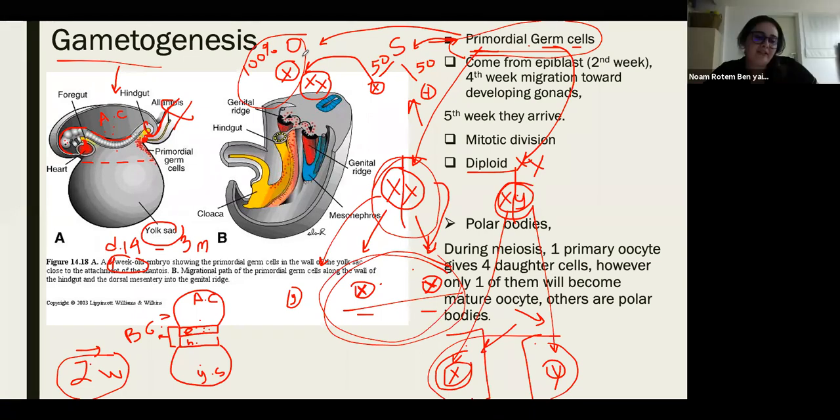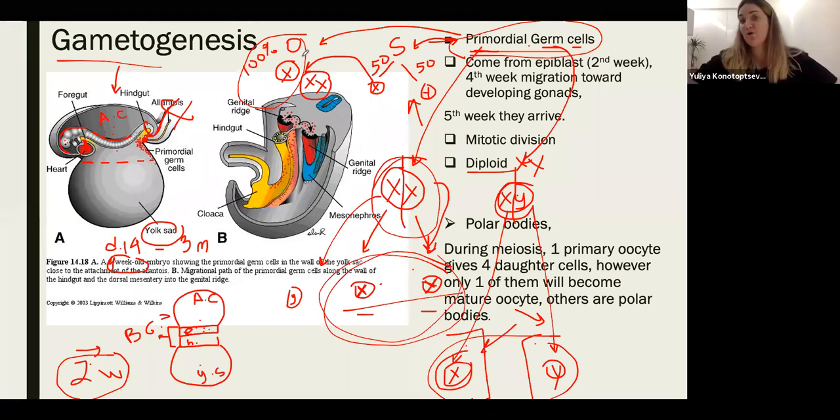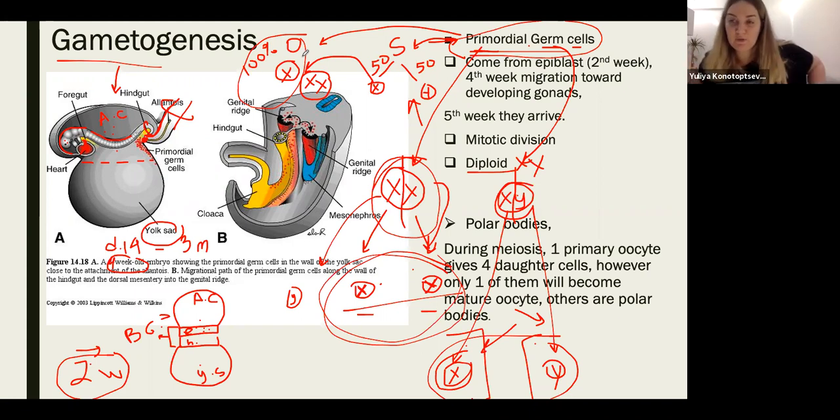About 50. How many will have the Y chromosome? About 50. Do you get it? So in spermatozoa, we don't have only X, because if we had, we would only have girls on the planet. So half of the spermatozoa have X, half have Y.